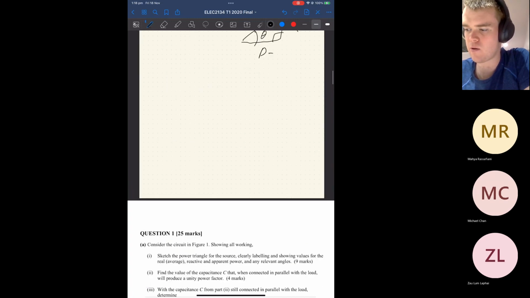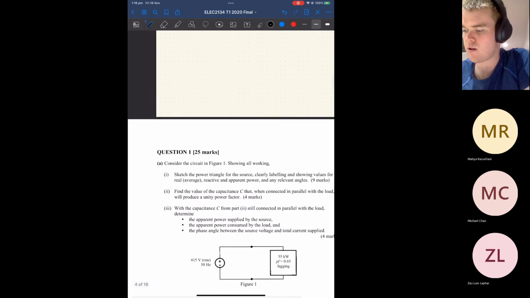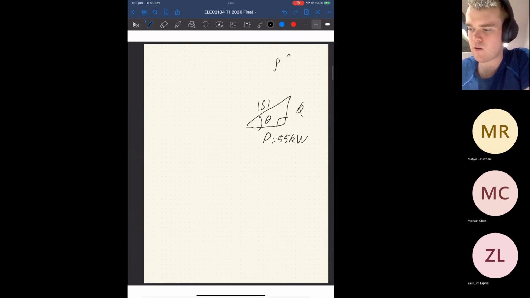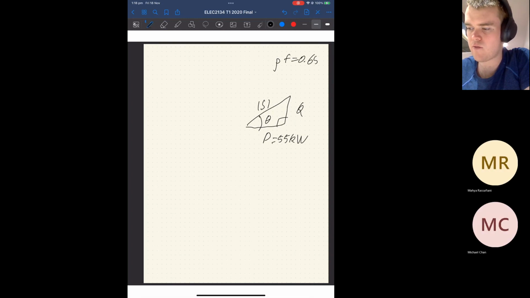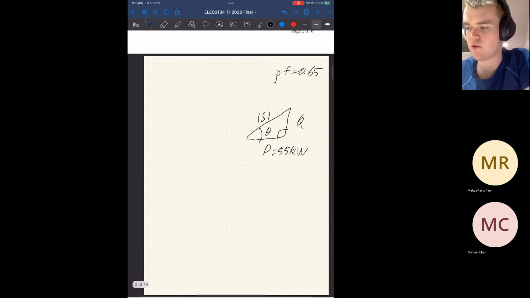Now P is equal to 55 kW. And then we're given our power factor is equal to 0.65. And so we can just use that in order to calculate the values for it, right?